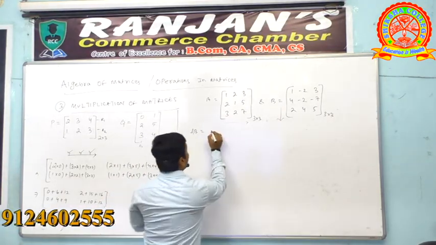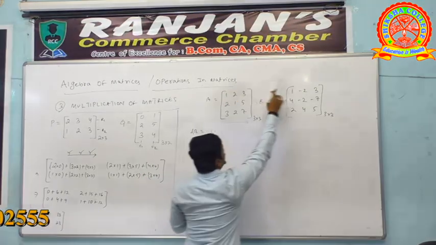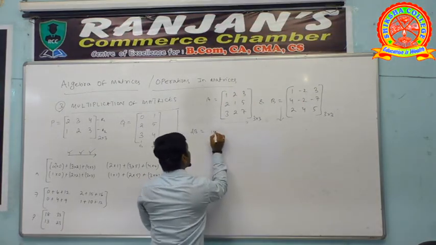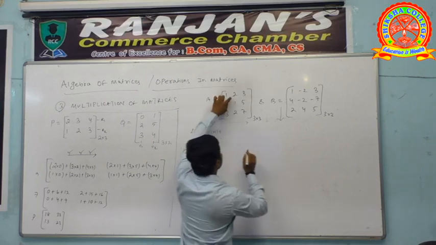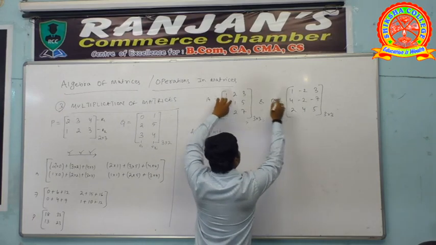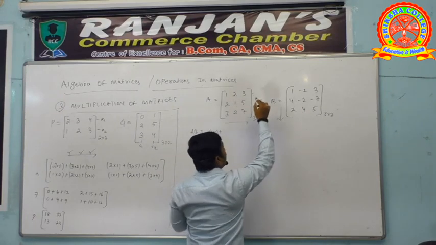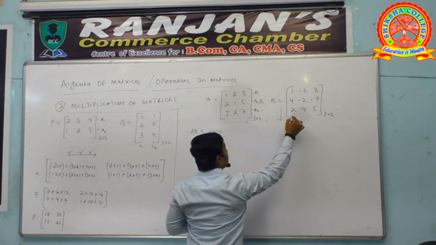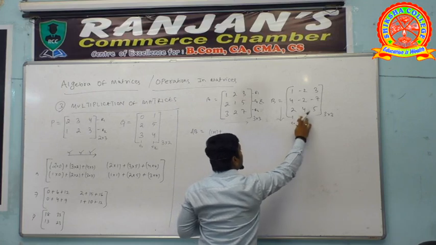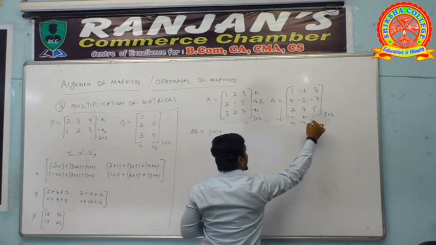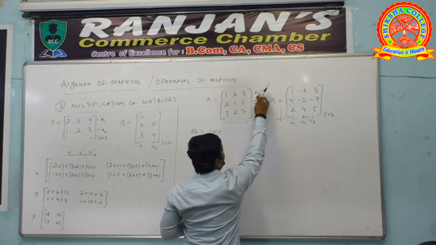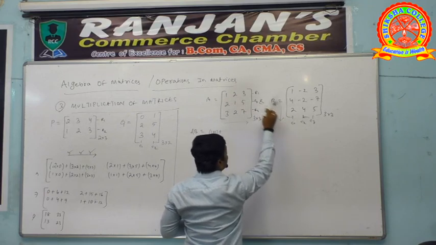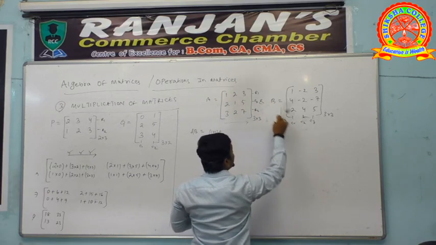See, 1 into 1 plus 2 into 4. First we consider row 1, row 2, row 3, and column 1, column 2 and column 3. First we consider row 1 to column 1, row 2 to column 1, row 3 to column 1.